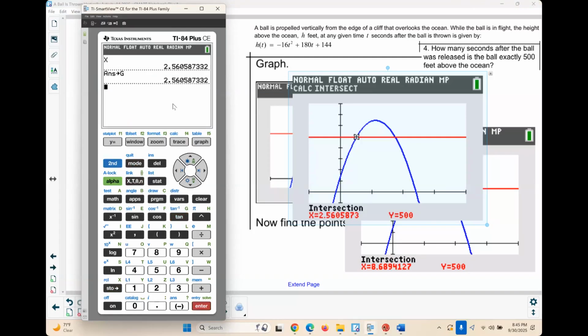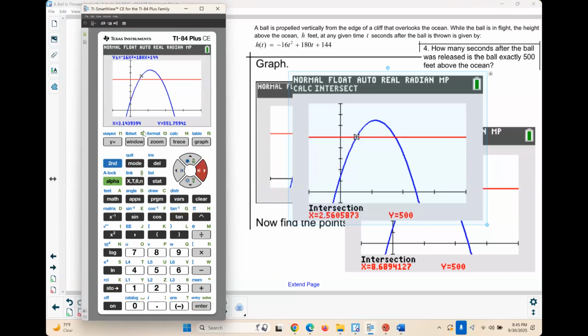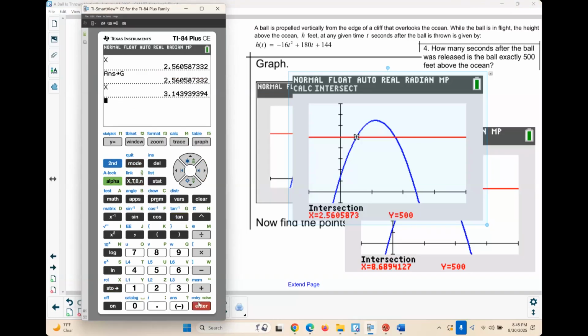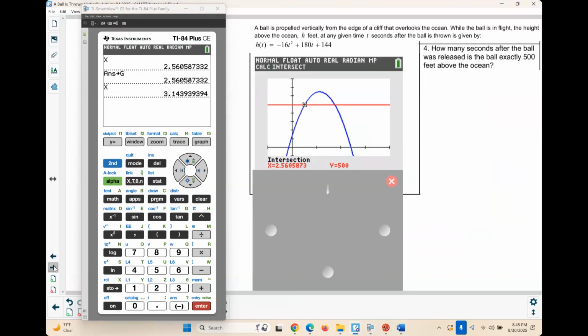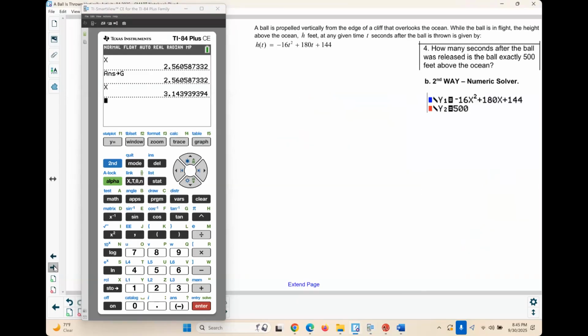As soon as I go back to the graph and do trace and move around, the X value is gone. So when I go here, here's my new X value. So, almost pi.